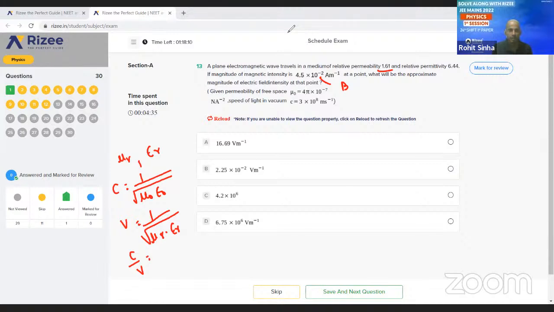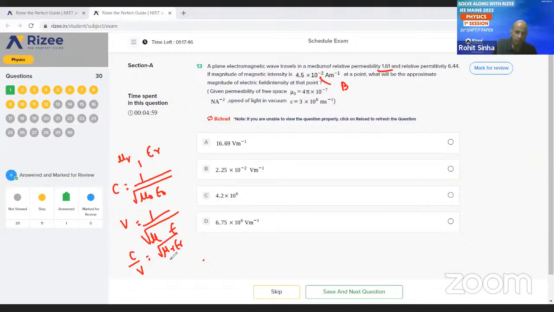I think it is this, correct. It is mu, it is epsilon. Now take the ratio of both of them. You will get under root mu r into epsilon r.